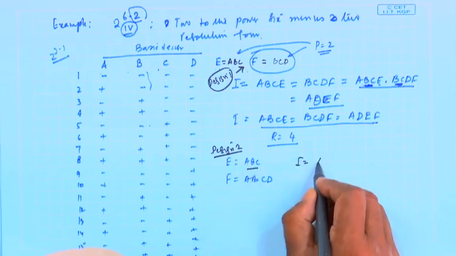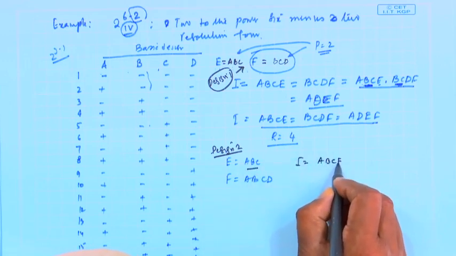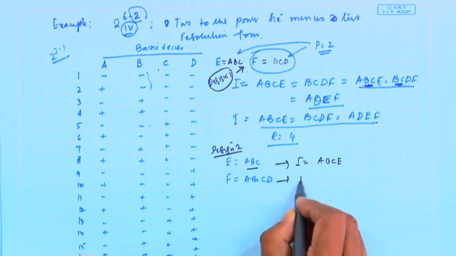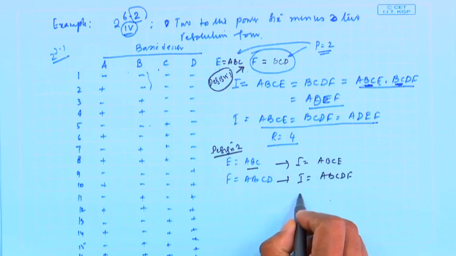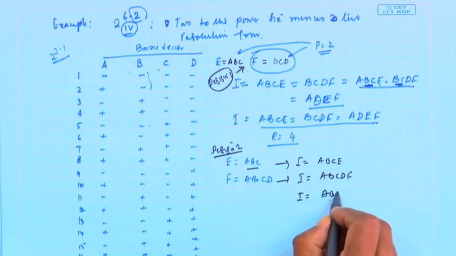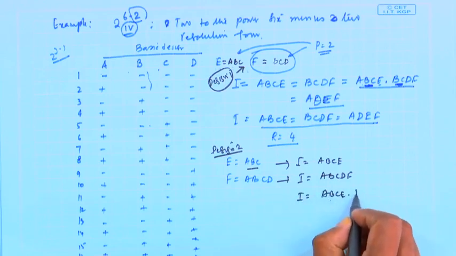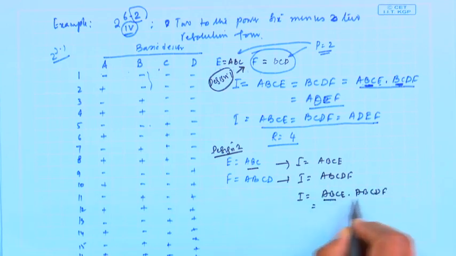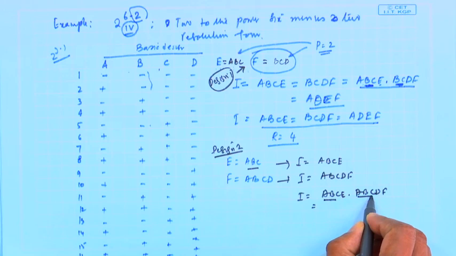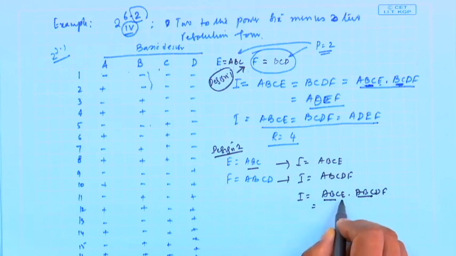From here you will get ABCE, from here you will get ABCDF, and the generalized one you will get ABCE into ABCDF. What is this? ABC will be squared and it will be I. So, you will get DEF.